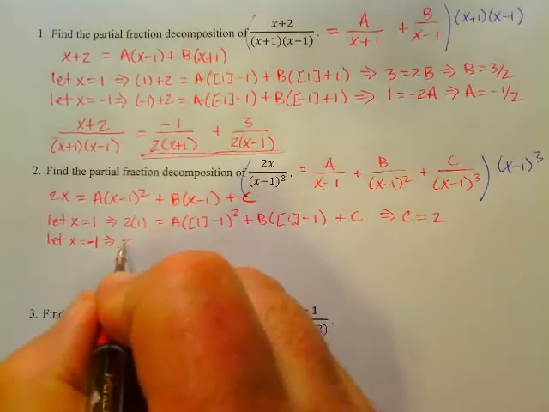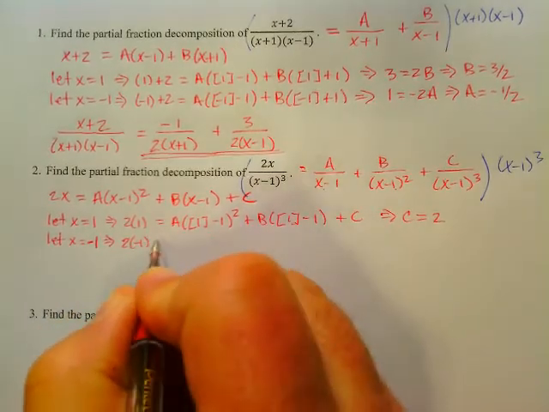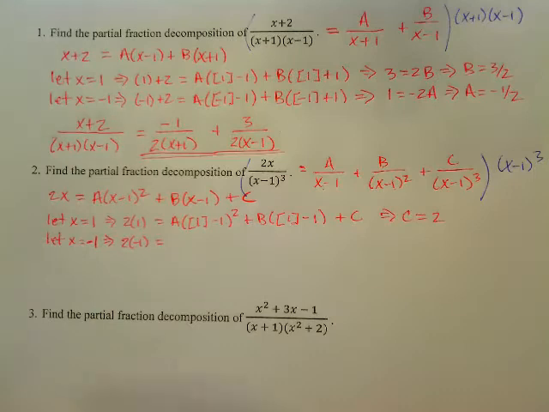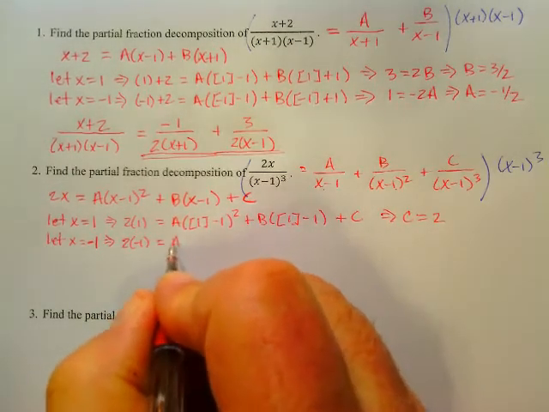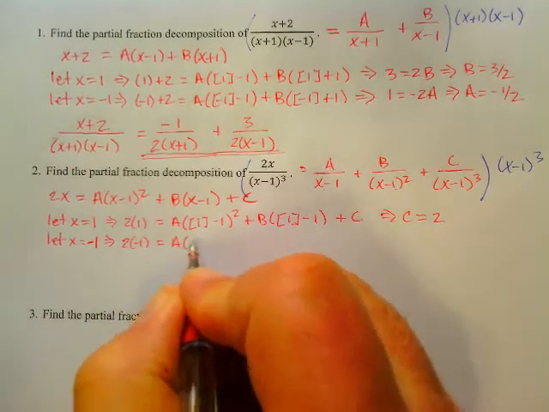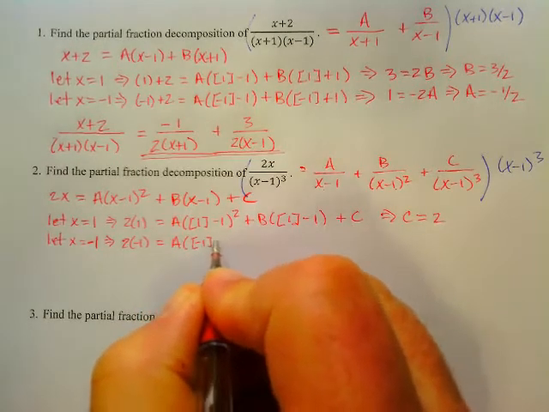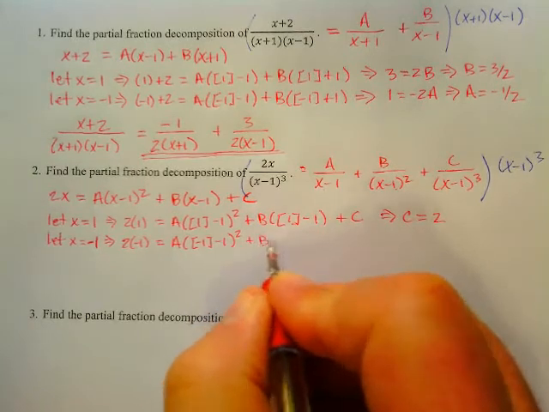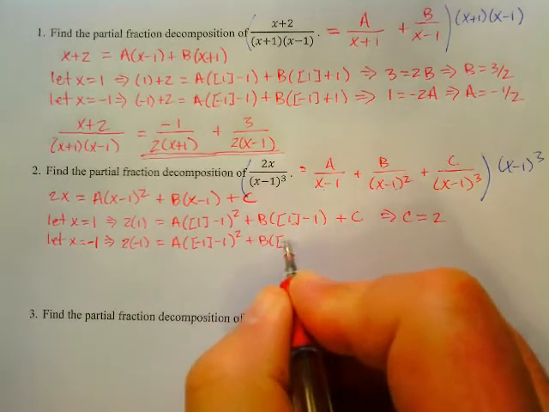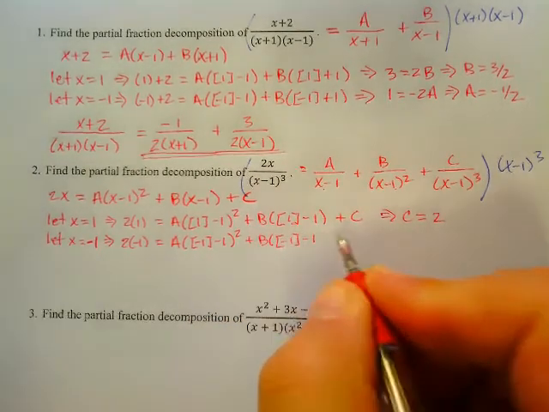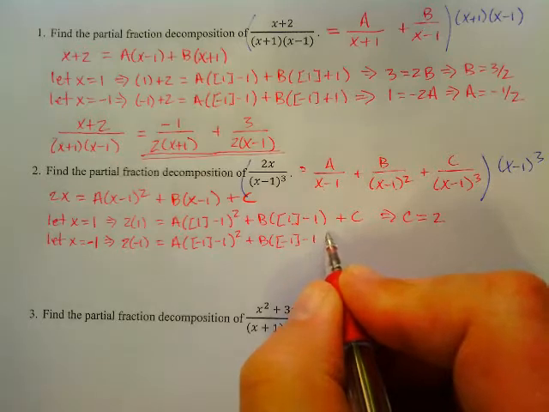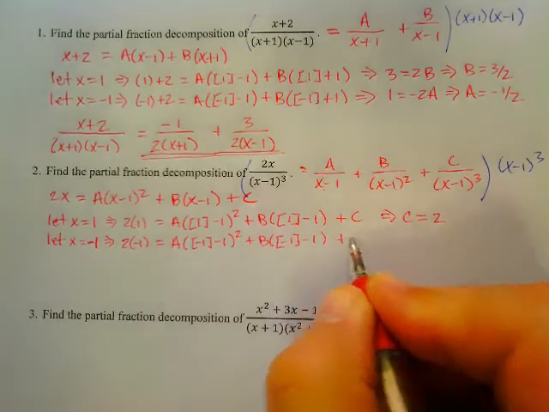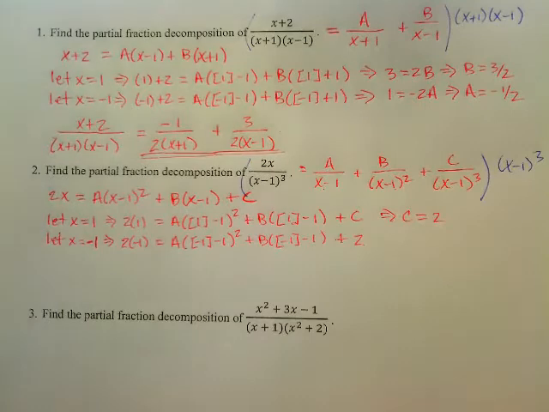So that will be 2 times negative 1 equals a times negative 1 minus 1 squared plus b times negative 1 minus 1. And here we already know what c is, so we can just say 2.